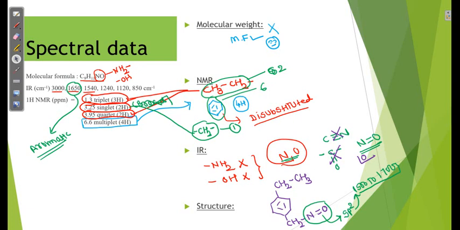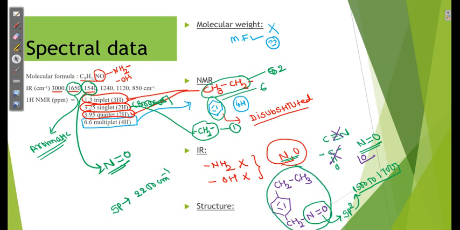So this signal is indicating the chance of this group. I repeat that there is no requirement to mug up the values, because this is based on hybridization. We can say sp2 hybridization is near that, and if it is sp, then it is nearer to 2200 centimeter inverse. So this is the possible structure for us.